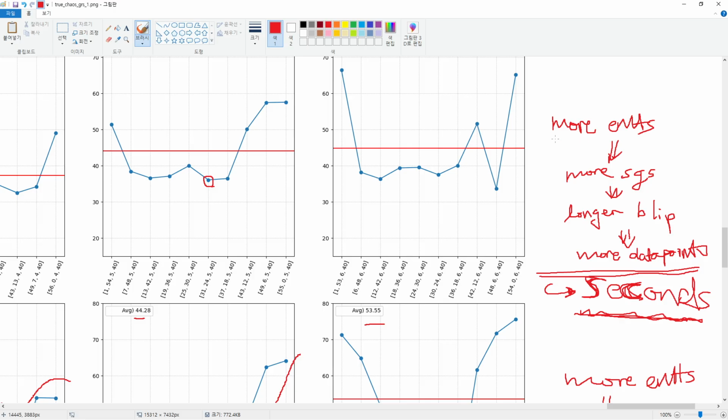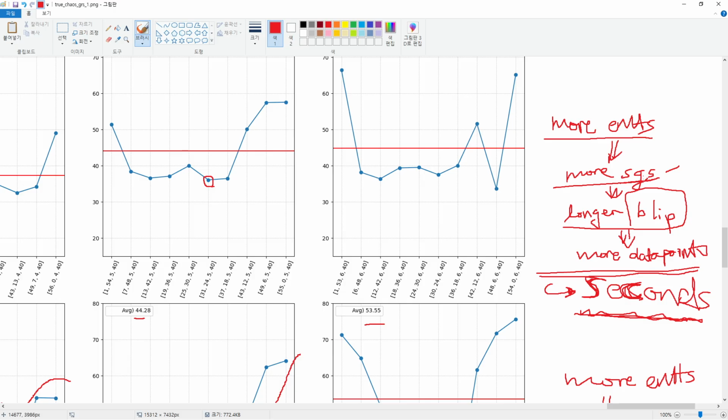Because if we have more entities and therefore more sand grains, this can lead to potentially longer blips, because there are more resources, sand grains, in each blip for the entities to consume.